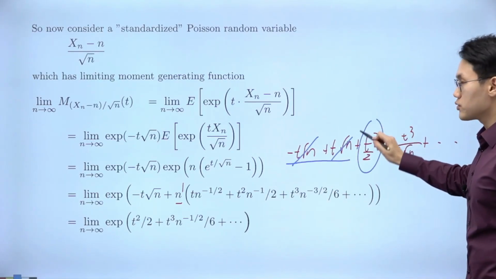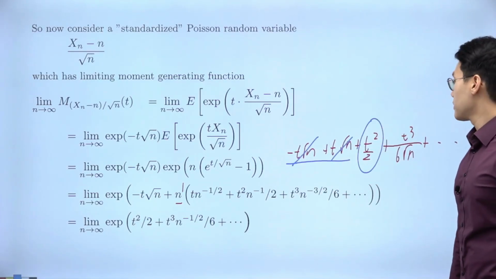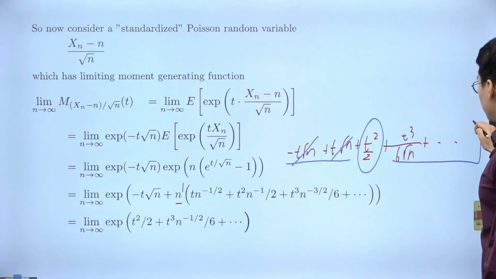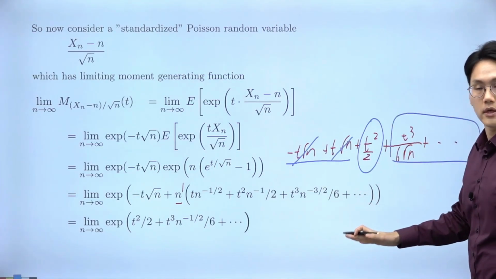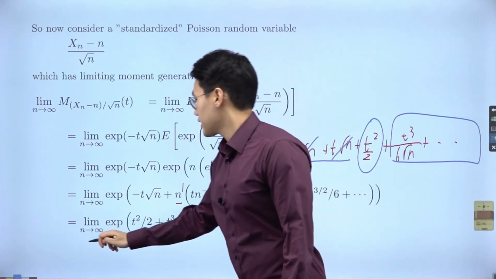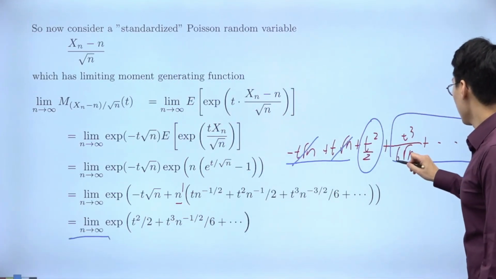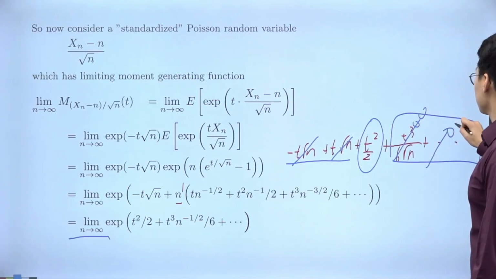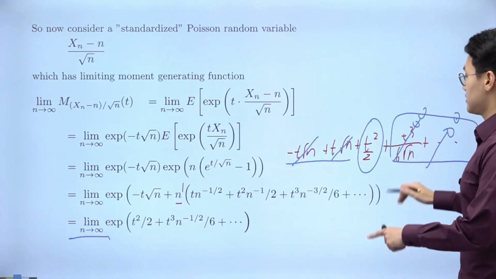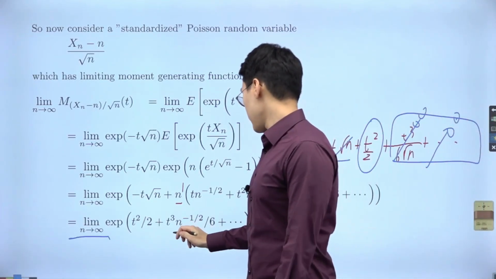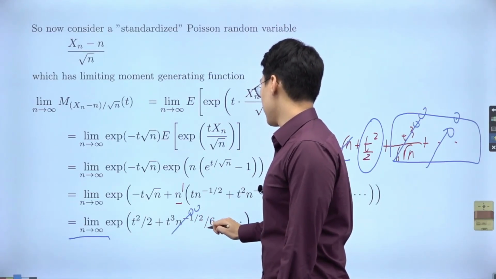And t squared over 2 is in fact independent of the n, but the rest of the terms here will have the n in the denominator, where if you send n to infinity, that will converge to 0 because you have some value divided by infinity. Now I've got the t squared over 2. That's great. So if you send n to infinity, all this will vanish to 0.